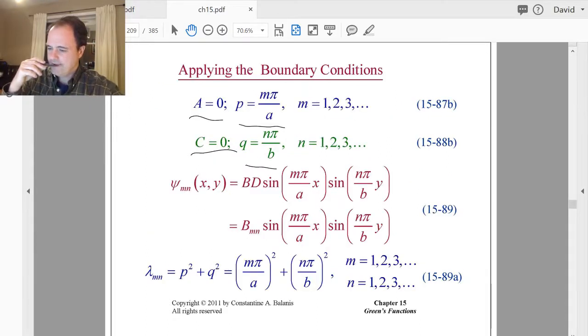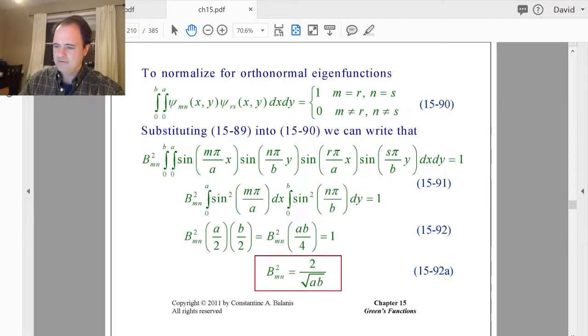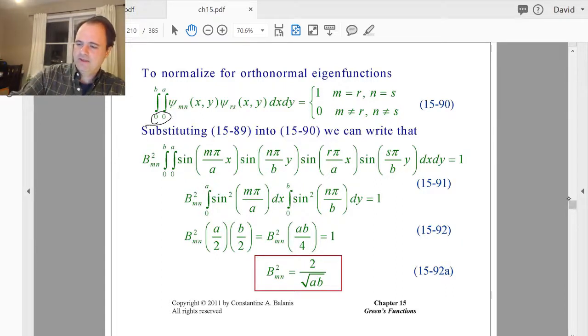Okay, so once we have that, these are our solutions so far, except for now we have to normalize them. That will determine those coefficients that are out in front of the two sides. So you normalize it by integrating over the area of our domain.